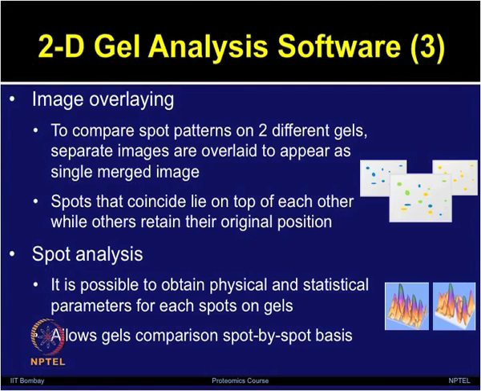So, often running a gel or acquiring images and generating a lot of data is much more straightforward as compared to doing the analysis, which is a more tedious step. One has to really sit and go through the gels, usually spot by spot, to analyze the gels.